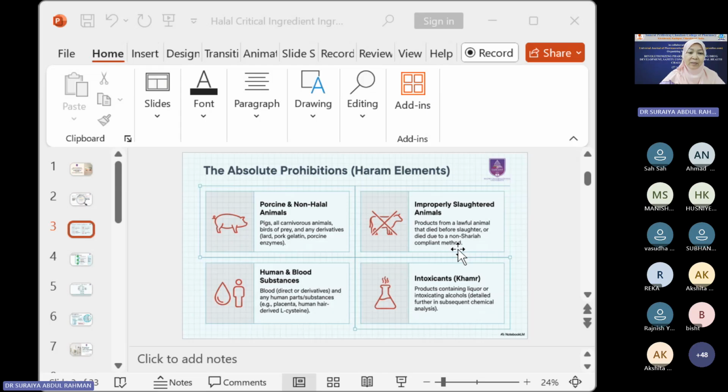Improperly slaughtered animals, even though they are allowed to be eaten like chicken, are still considered haram if they are not slaughtered properly according to Sharia Muslim law. Human and blood substances are also haram. And intoxicants like khamr or alcoholic drinks, and products containing liquor or intoxicating alcohol, are also considered haram materials.